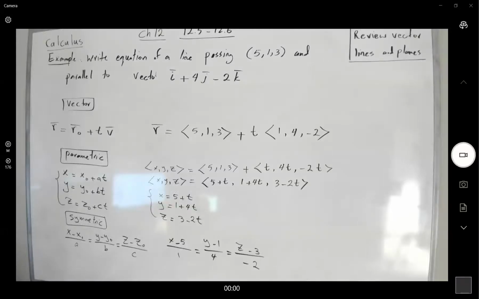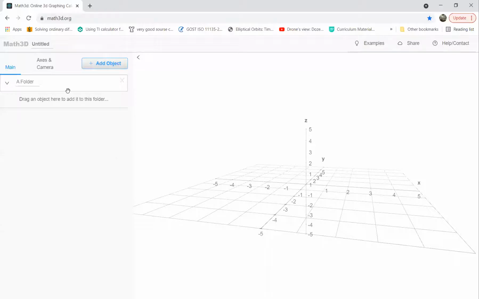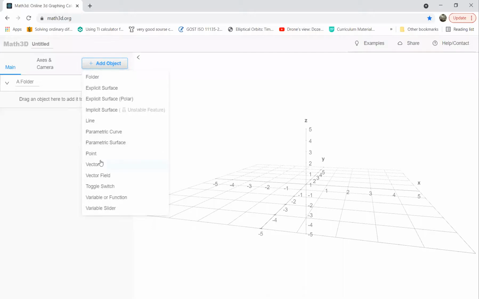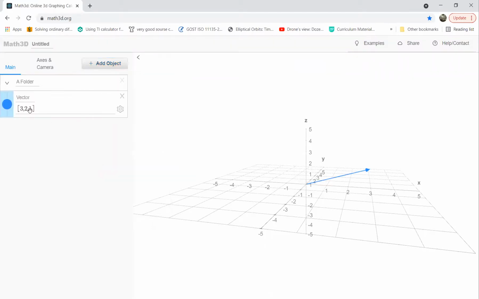Let's take a look at our visualization. So let us add an object, a vector. So our vector, what do we have here? We have, for example, 5, 1, 3.